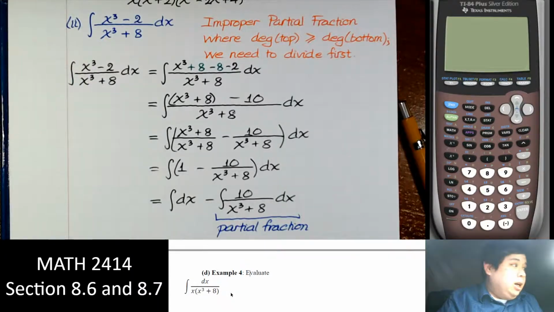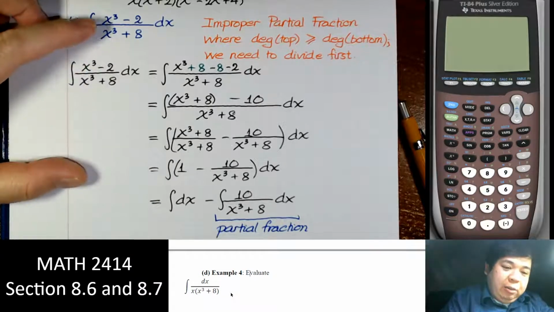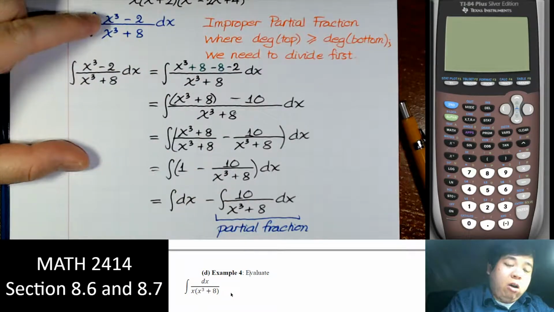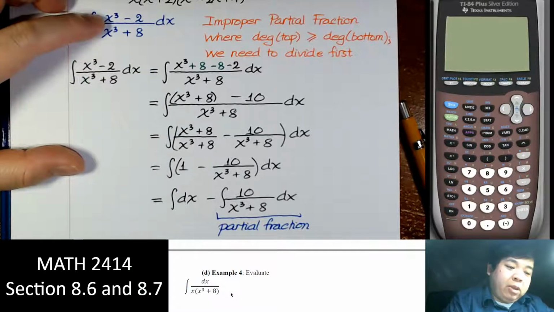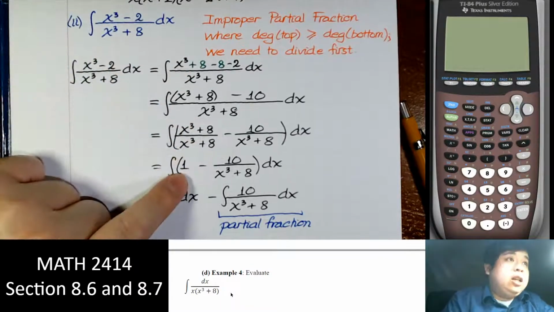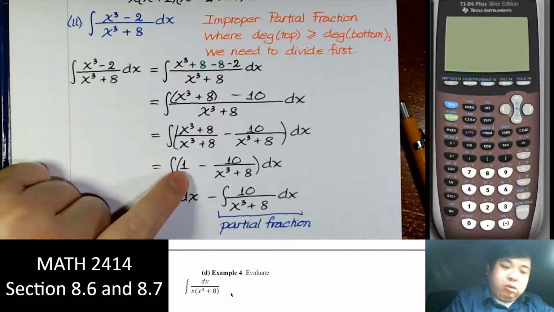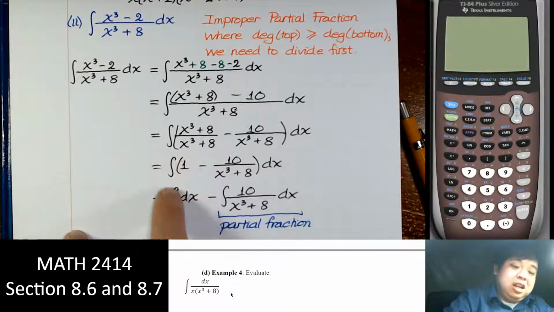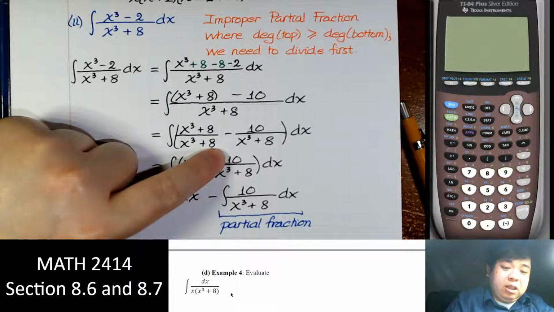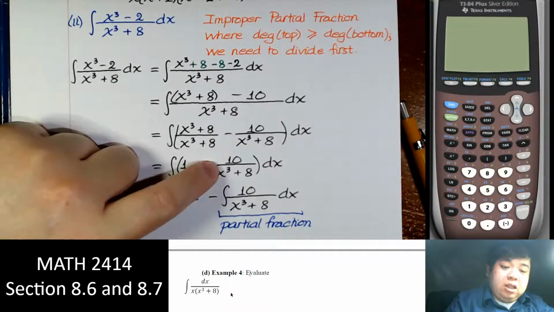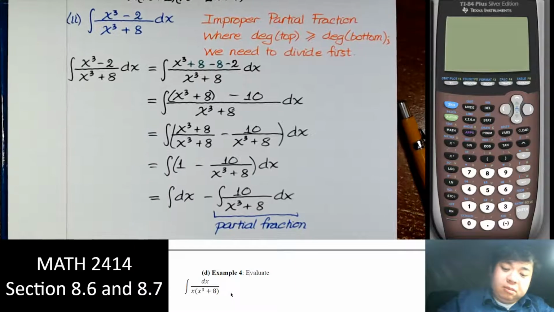So again, if the degree on top is bigger than or equal to the degree at the bottom, we have to split the improper part out because we can integrate that easily. The remainder on top has degree less than the bottom, and this we can do partial fraction.